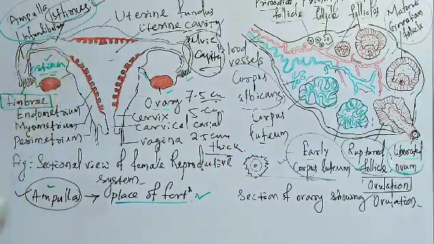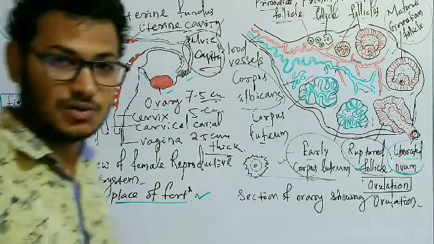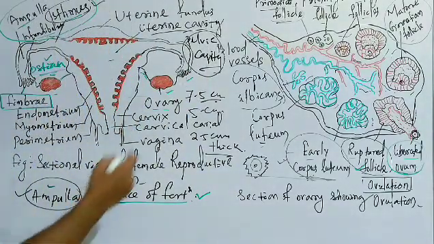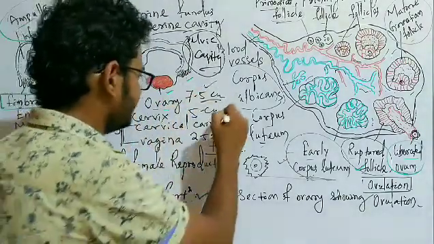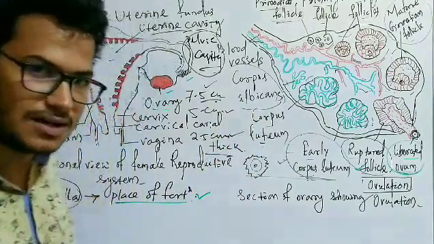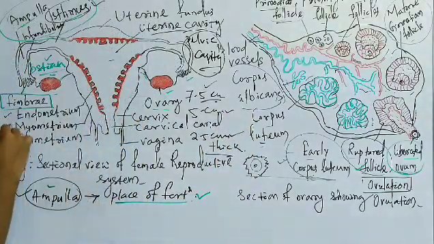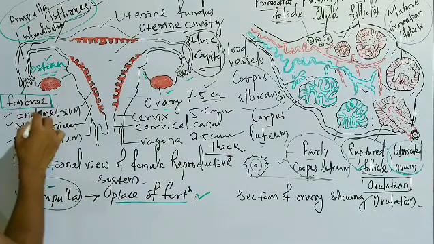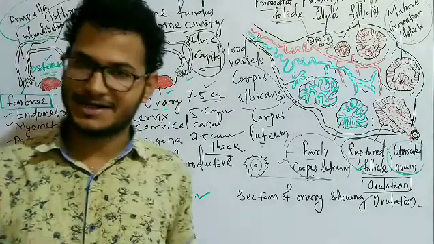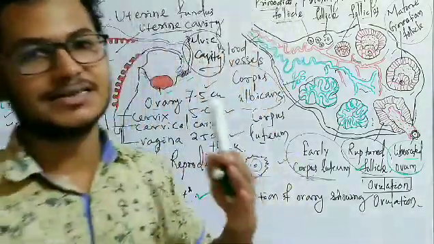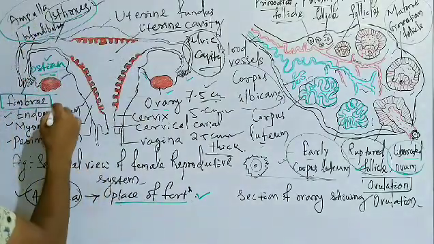The thickness of the wall is 2.5 centimeters, and its weight is around 30 to 40 grams. Remember: length 7.5, width 5 centimeters, wall thickness 2.5 centimeters, because the wall is made up of 3 different layers: perimetrium, myometrium and endometrium. Perimetrium is the outer one, then the myometrium, and the innermost layer is the endometrium.